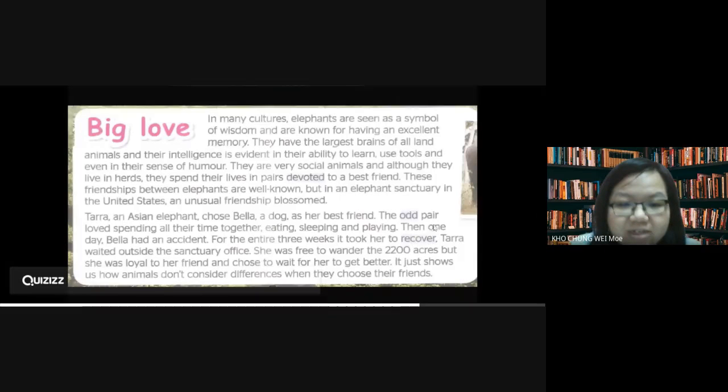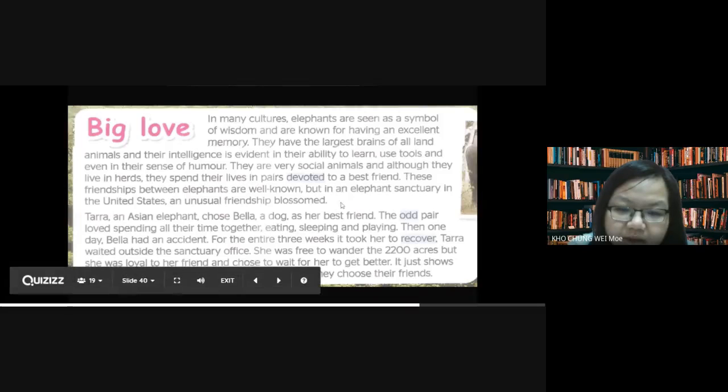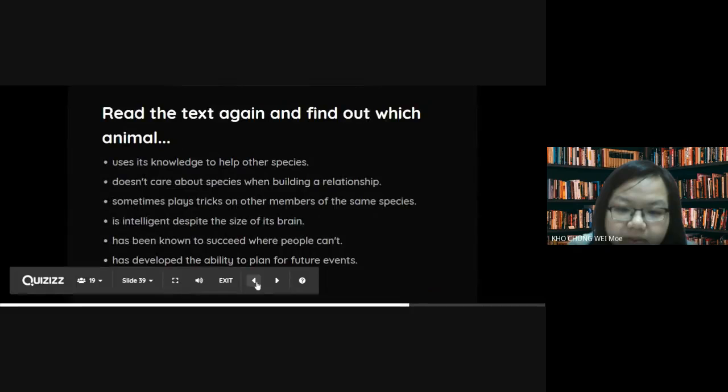Alright, so this is the first paragraph, the first part on elephants. Okay? So which of the statements just now describe elephants? Okay, you can look back at the statements and decide for yourself. Right? If you need to, you can jot it down on a piece of paper first, or try to keep it in your head.